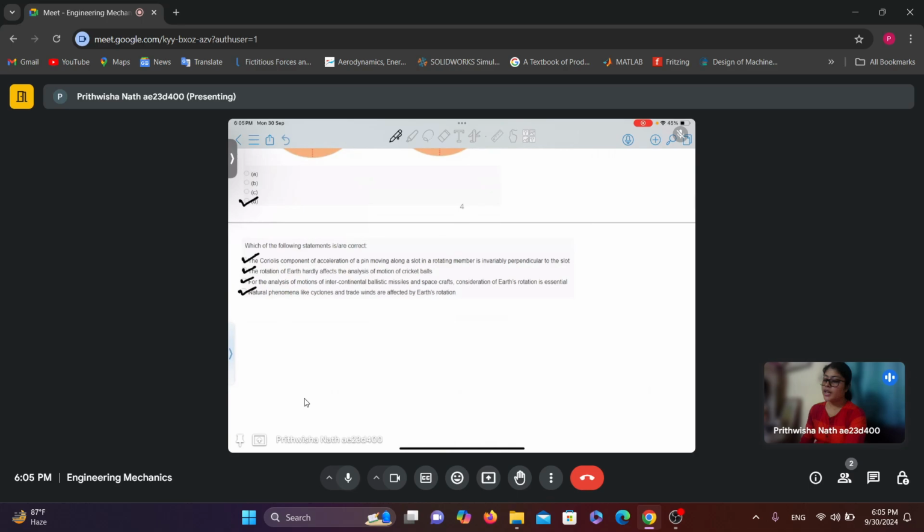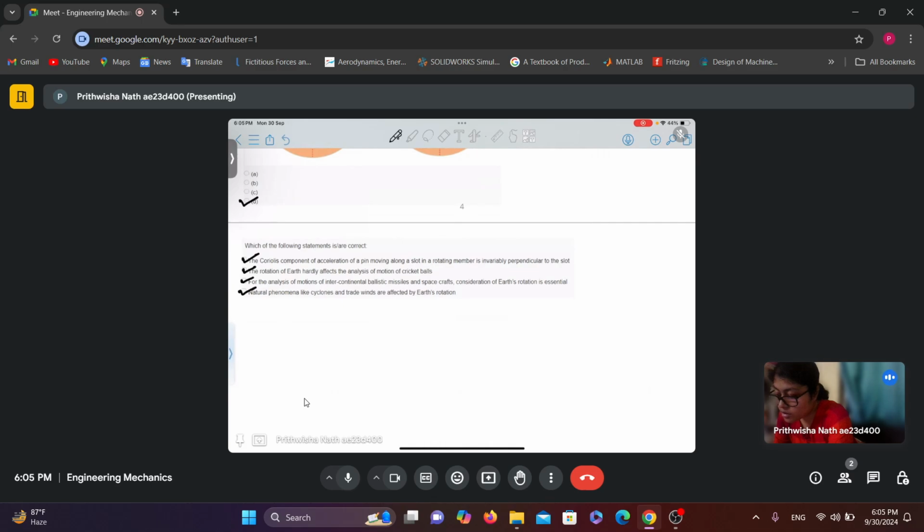Which of the following statements is or are correct? The Coriolis component of acceleration of pin moving along a slot in a rotating member is invariably perpendicular to the slot. So this is true. Now the rotation of Earth hardly affects the analysis of motion of cricket ball. This is also true.